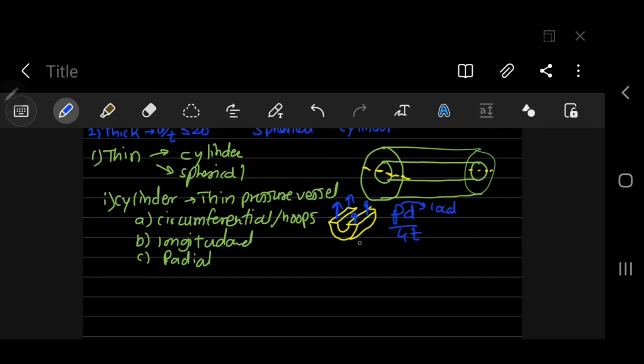Suppose the pressure is varying along the length direction. If we want to find the stress at this section, we will take the pressure that is present at this point, and using that pressure we will calculate the magnitude of stress. So the pressure at this cross section will be called the local pressure.